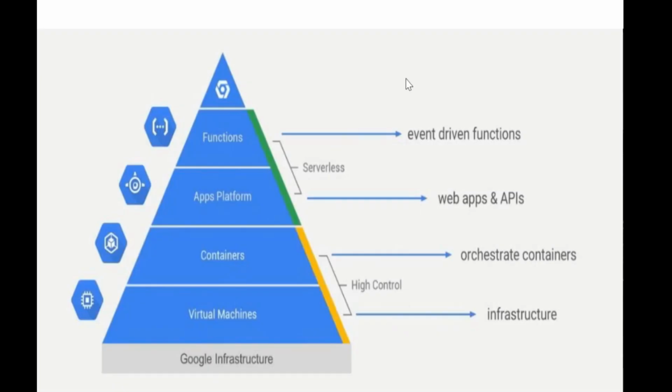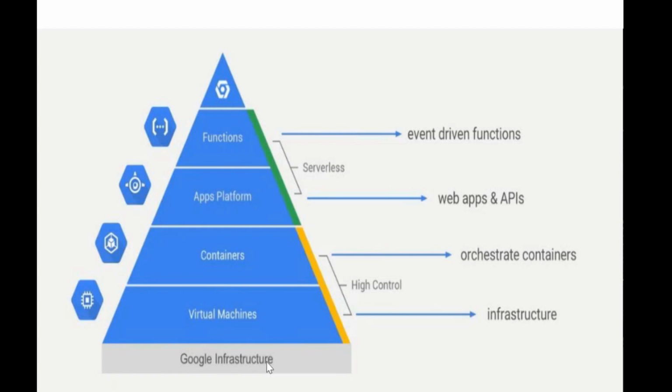Now see here, this is a picture that gives us the complete Google infrastructure. We talked about categorizing all the services into infrastructure as a service, container as a service, platform as a service, and function as a service. This image is for that.